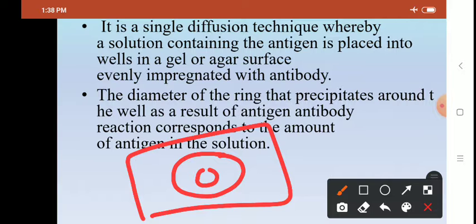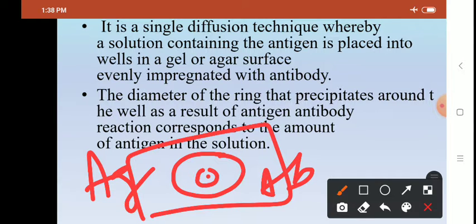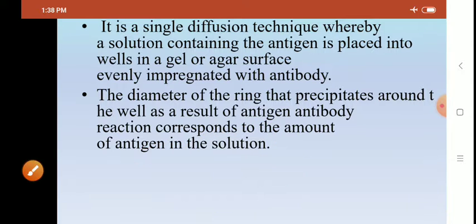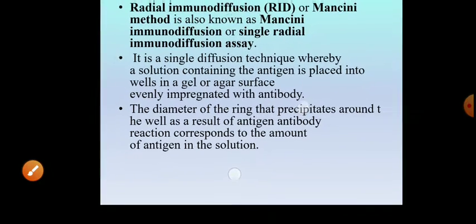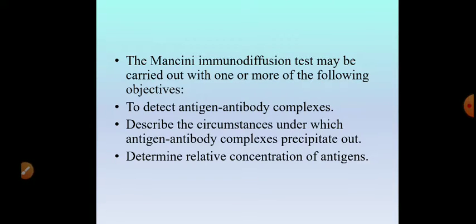Because antibody present in the gel and antigen present in the well react with each other, form a precipitation reaction, which can be seen in the form of a precipitin ring. Now, the diameter of the precipitin ring depends upon the quantity or amount of antigen present in the sample. So this is a quantitative method whereby we can measure the amount of antigen present in the sample.